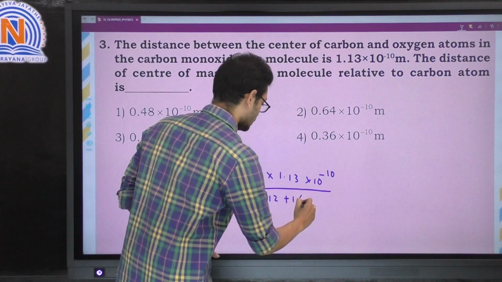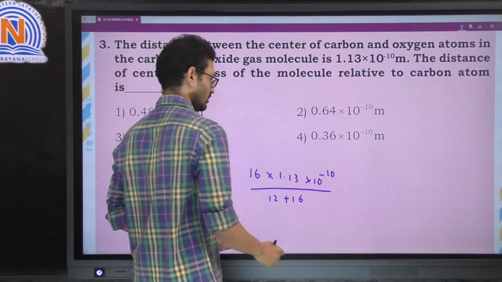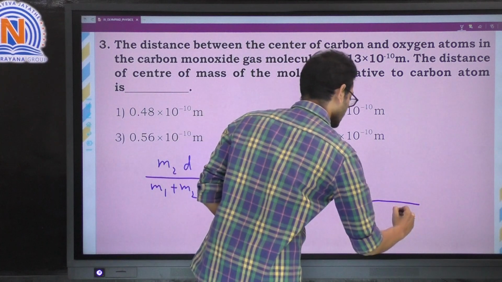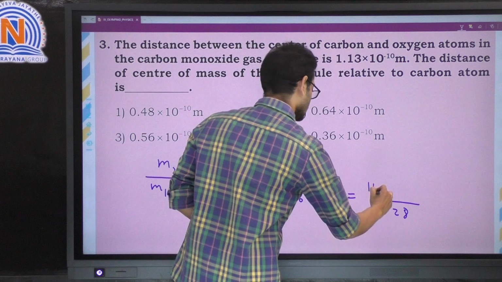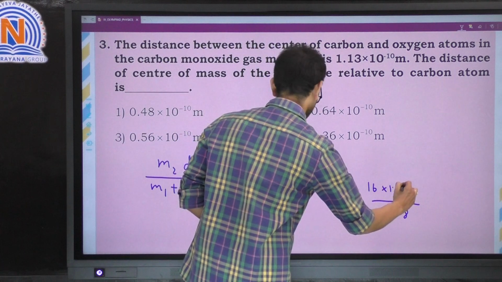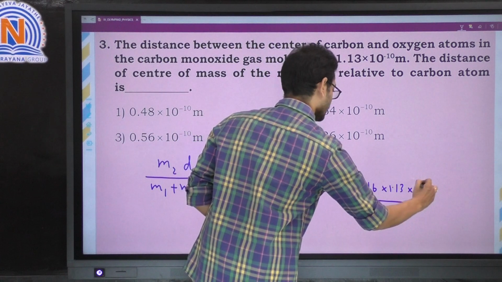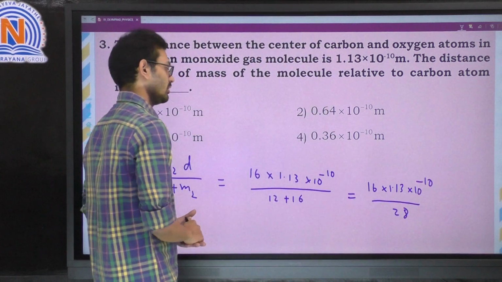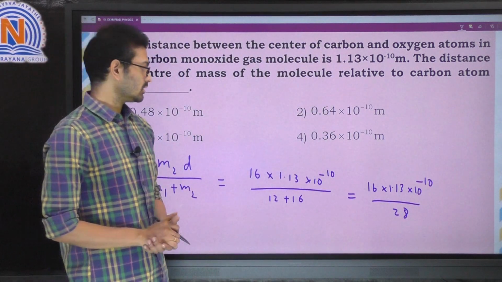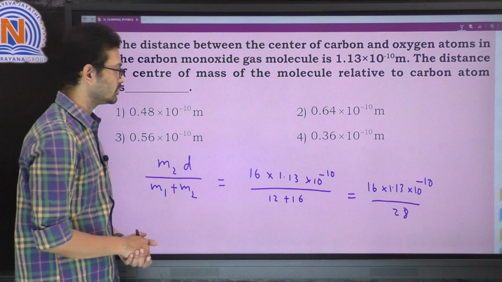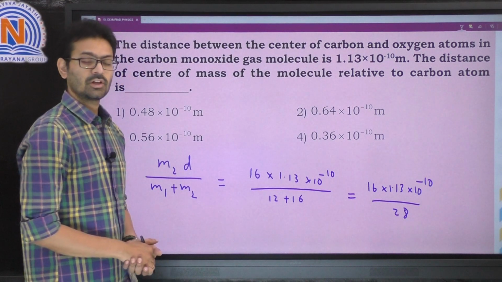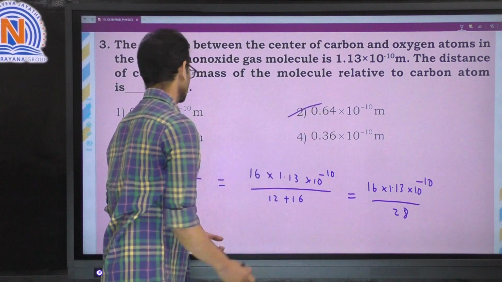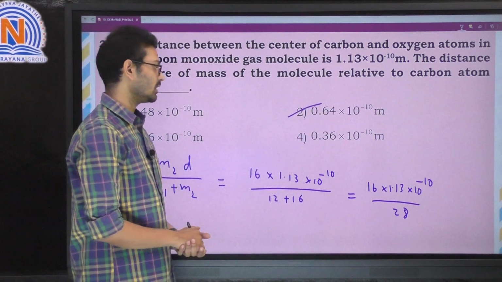So 12 plus 16 you are going to get 28. So 16 into 1.13 into 10 power minus 10 by 28. When you multiply this, you will be getting something around 0.64 into 10 power minus 10. So the option is the second option, right?